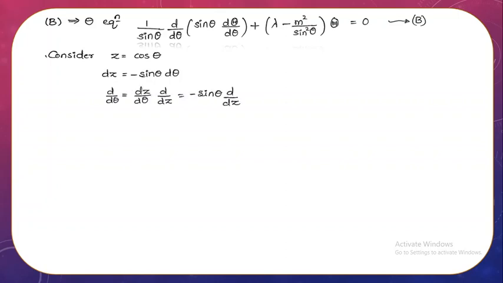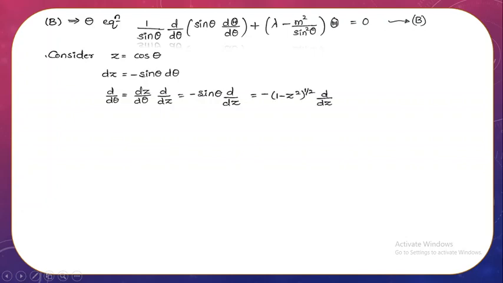That's why d by d theta can be written in terms of z by using the chain rule. So d by d theta will be equal to dz by d theta into d by dz. This is nothing but the chain rule, and from z equals cos theta, dz by d theta will be equal to minus sin theta. So the same thing is substituted and multiplied by d by dz as it is.